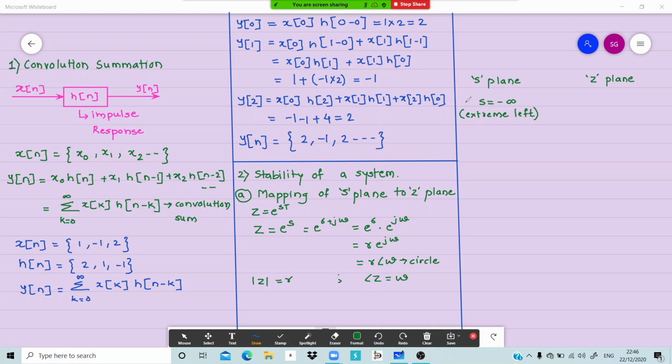But we are talking about vertical lines. I'll write it neatly. Just a minute. It should not confuse you.